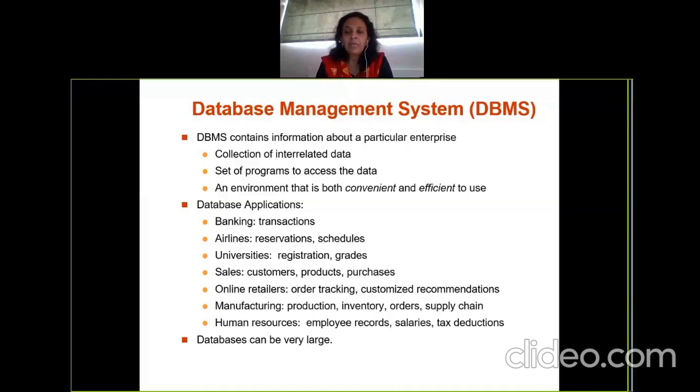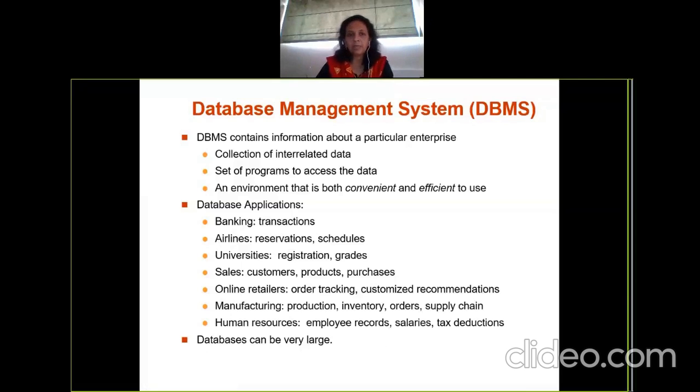Here we are going to study all these basic concepts. The database can be very large. In a small organization, the tables or the records stored may be small scale. But in a big organization, the records may be very large scale. So from small organization to large organization, every enterprise uses the database.